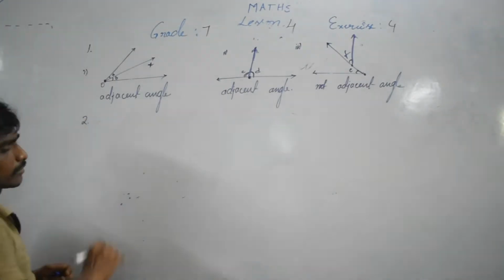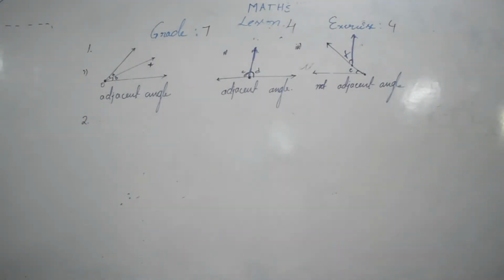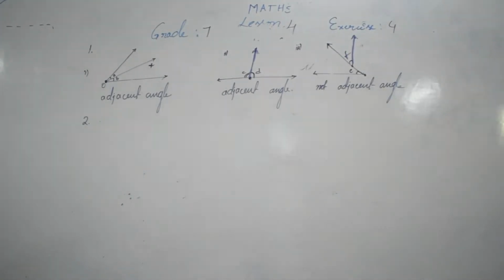So we finish this exercise. Only one problem remaining. Name all the pairs of adjacent angles in the given figure. How many pairs of adjacent angles are formed? Why are these angles called adjacent angles?